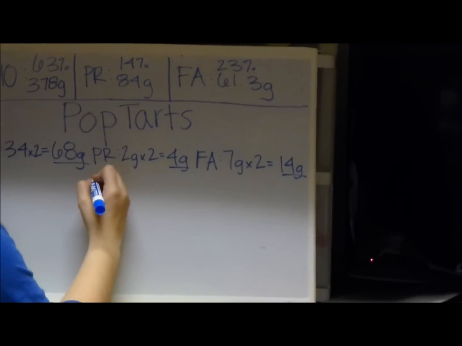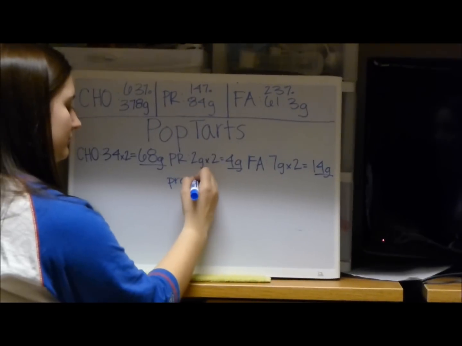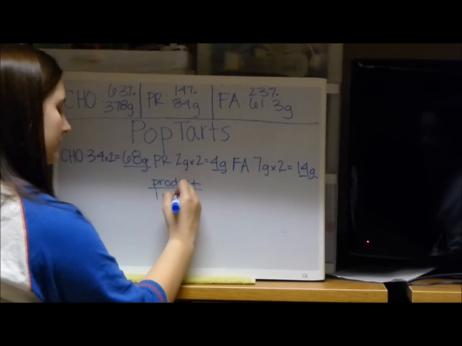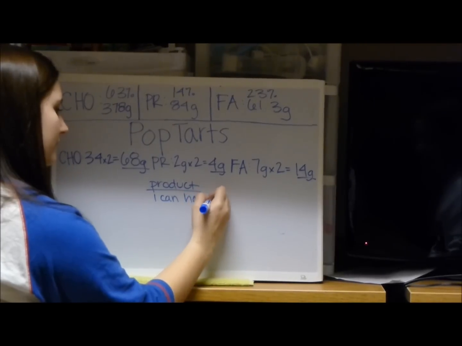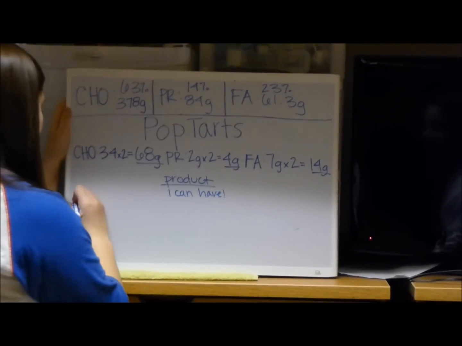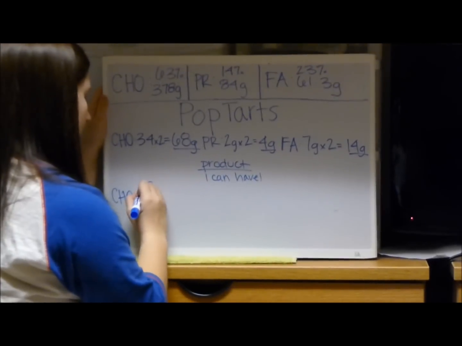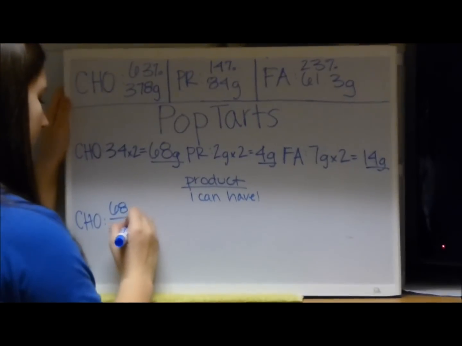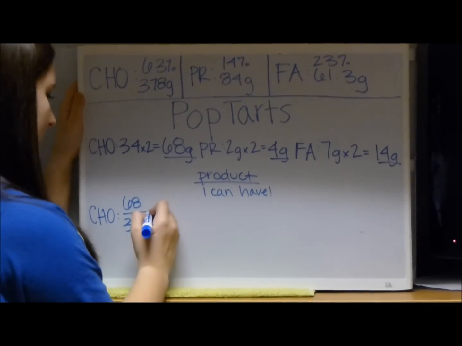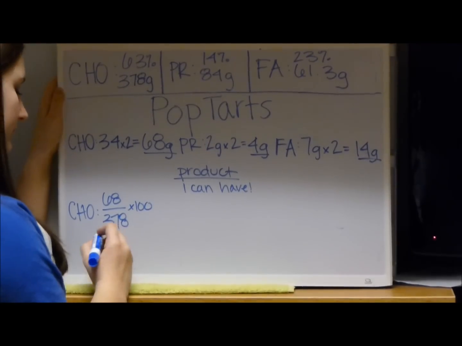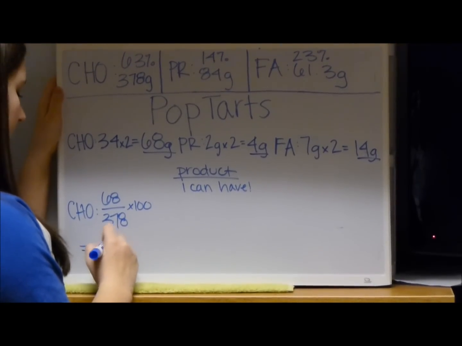And then again, you're going to do the grams in the product divided by the grams per day that Megan can have. So for carbs, do 68 grams divided by 378, multiplied by 100 to get the percent, which is 18%.